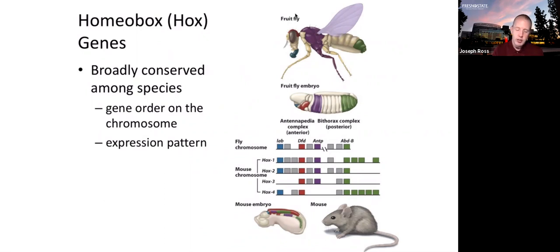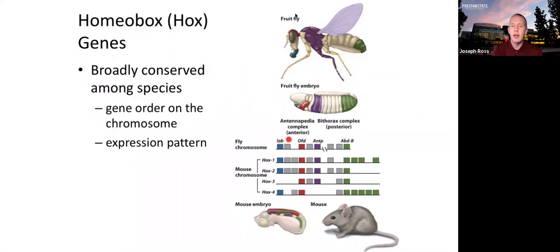So again, Hox genes are broadly conserved among species. They tend to be, because they are all inherited from the ancestor to all vertebrates, that part of the chromosome tends to be the same. It's got the same genes here colored and also named by their fruit fly nomenclature, like Antennapedia. But look at the color codes.